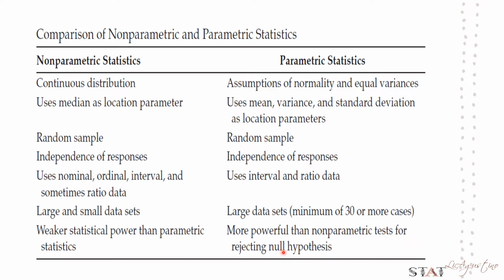On the other hand, parametric statistics is more powerful than non-parametric tests for rejecting the null hypothesis. In other words, parametric tests are usually sensitive in rejecting the null hypothesis, so any changes in the data would lead to the rejection of your null hypothesis in your hypothesis testing. So that's the comparison of non-parametric and parametric statistics.